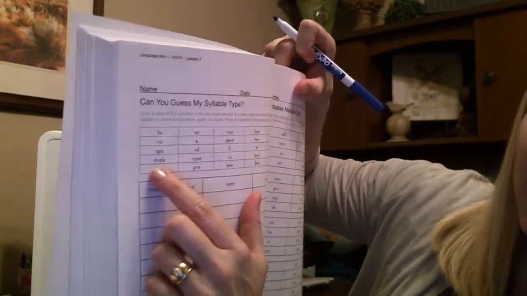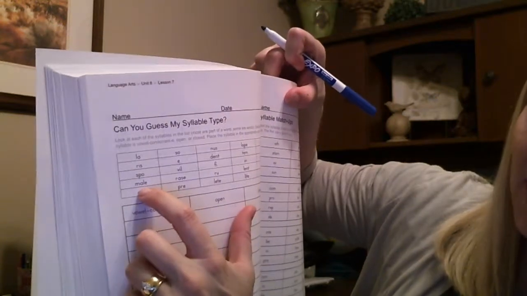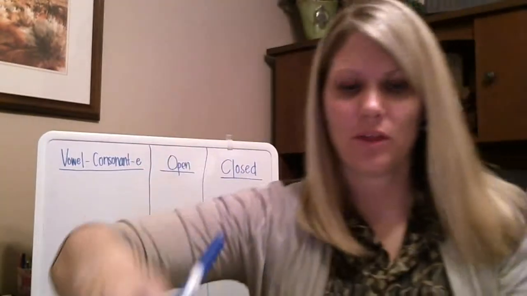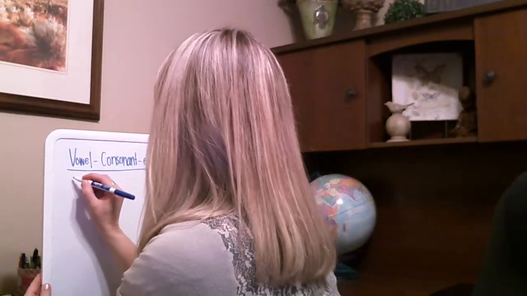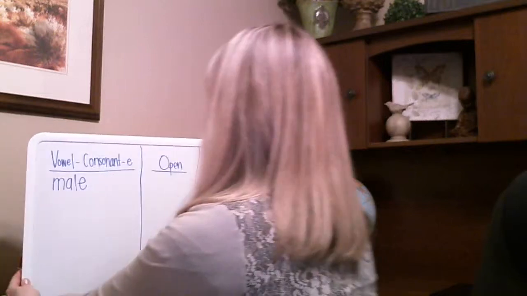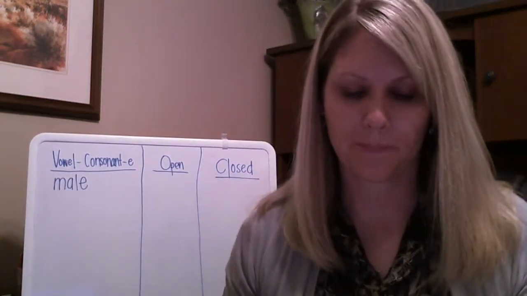And if I look at that, I can see that the M-A-L, it makes the long A sound, and the E is silent. So I know that that is a vowel, consonant, E syllable. So I'm going to write male. And I'd probably cross it off on my paper.